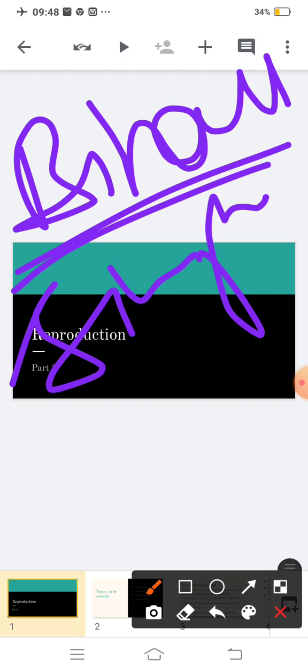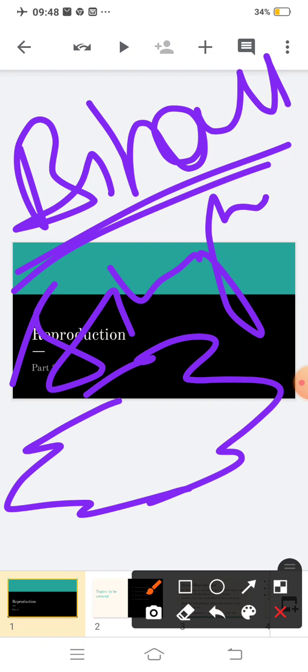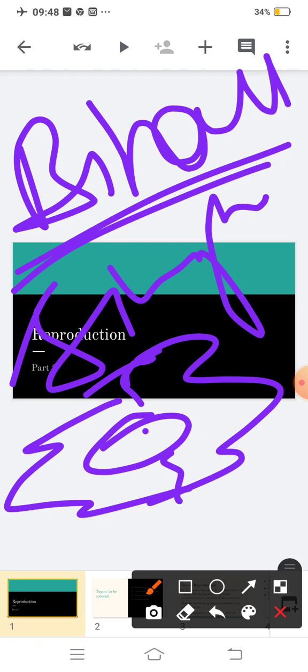Binary fission takes place in amoeba. See, this is the image of amoeba. Here the nucleus is there. After some time you will see the image like this, and it will divide into two parts of amoeba. Like this, binary fission takes place.